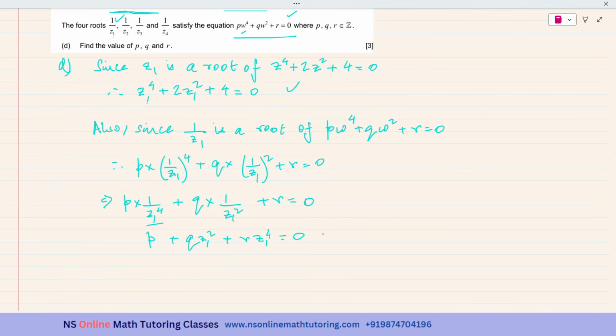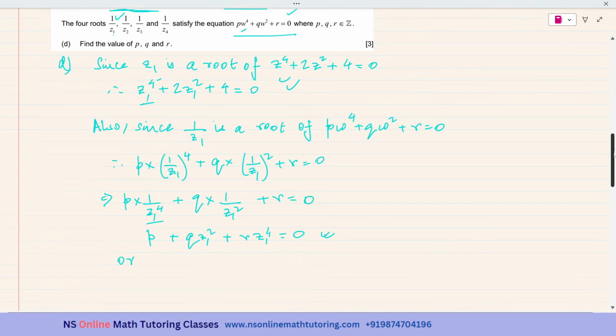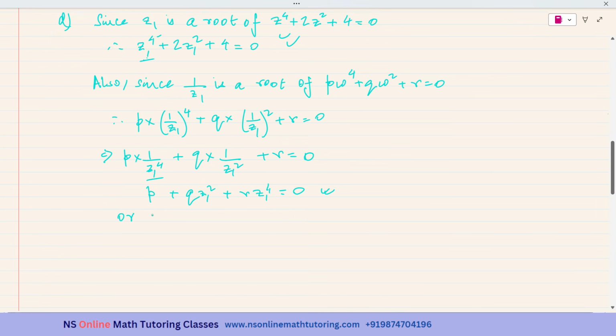Now if I want to rewrite this equation in this form, because z1 to the power of 4 is the first term over here, let me rearrange the terms: r times z1 to the power of 4 plus q times z1 square plus p equal to 0. This is the first equation and this is the second equation.